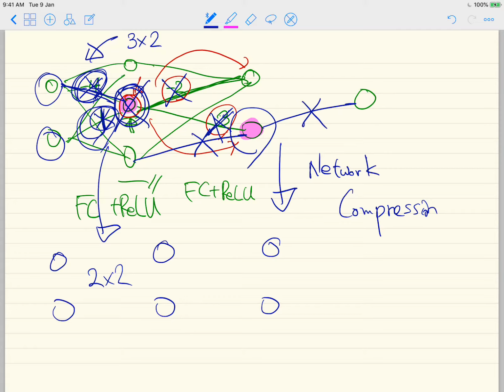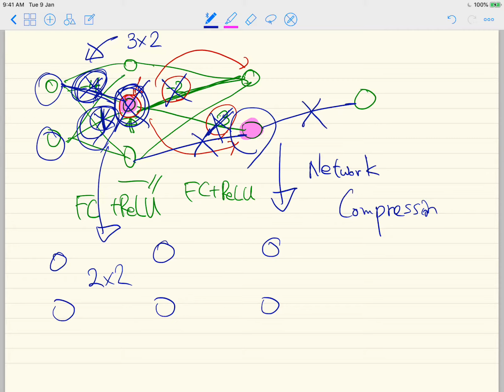But that's only done mostly when we really have to save memory and reduce computation time. For example, suppose you trained your face recognition or face detection neural network, and then you want to load that neural network into your phone, right?